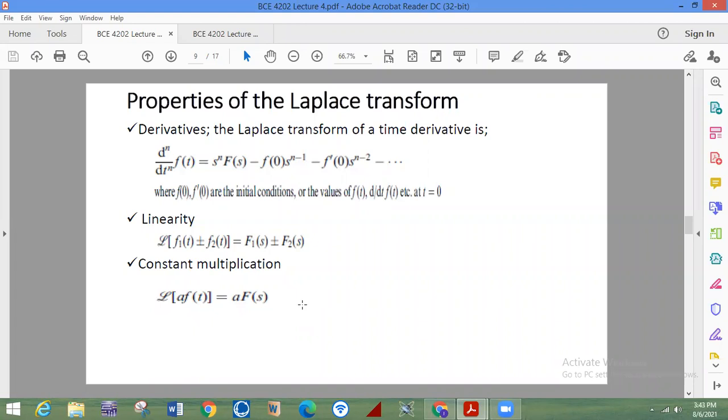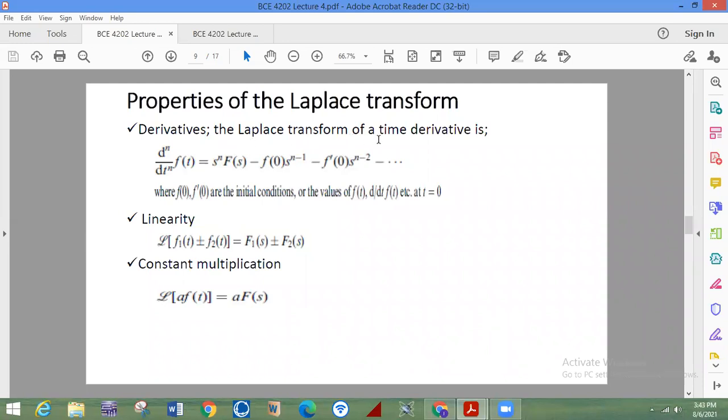So we are going to review the properties of the Laplace transform. One of the properties is derivatives.